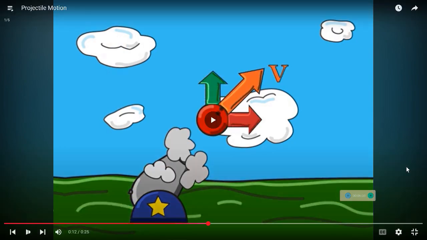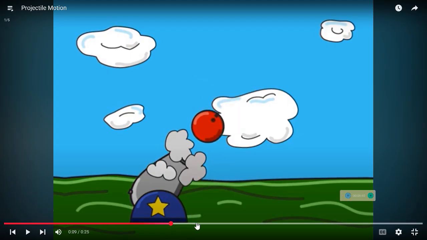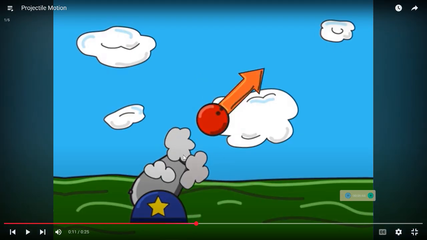All right. Oh, stop. So the orange arrow right there. See if I can actually get it to go where it's supposed to go. Stop right there. That represents what? That's initial velocity.